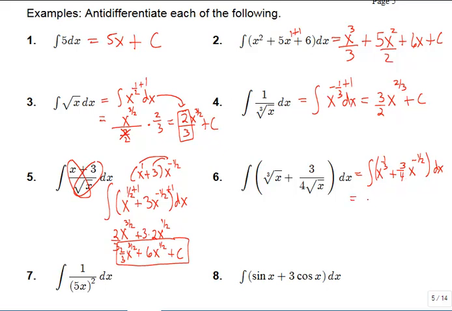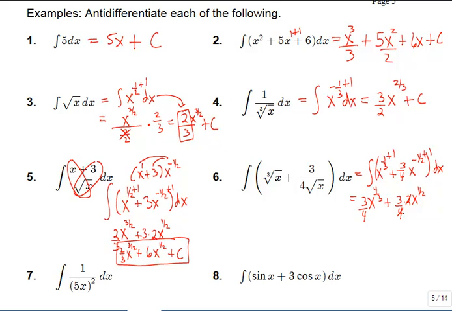So this becomes x. When I add 1 to the power, 1/3 plus 1 is 4/3, and the reciprocal will be 3/4. Plus, that 3/4 is going to stay there, and when I add 1 to the power, negative 1/2 plus 1 is positive 1/2, and the reciprocal will be 2.